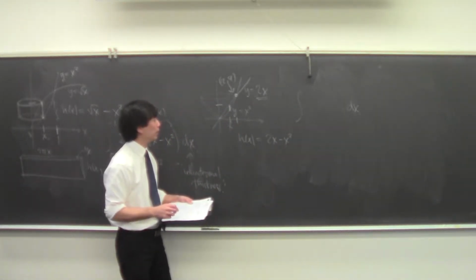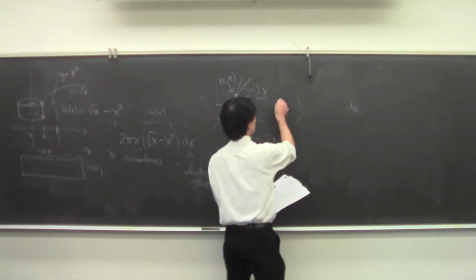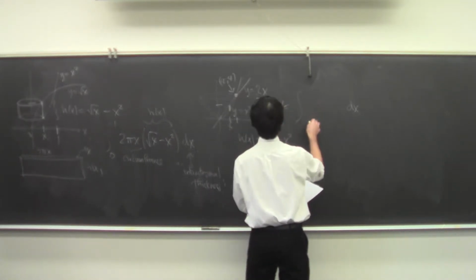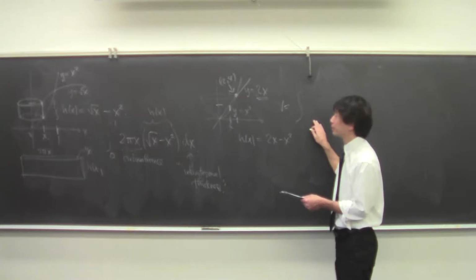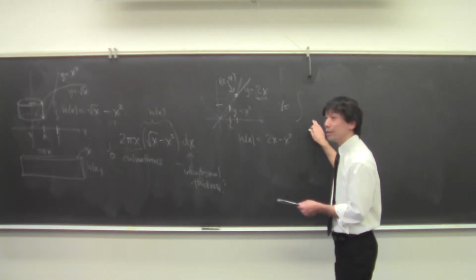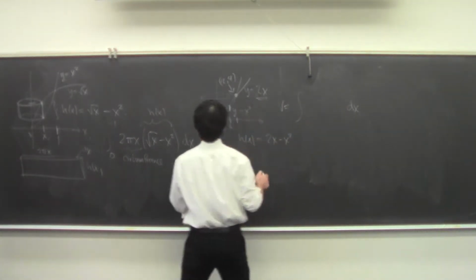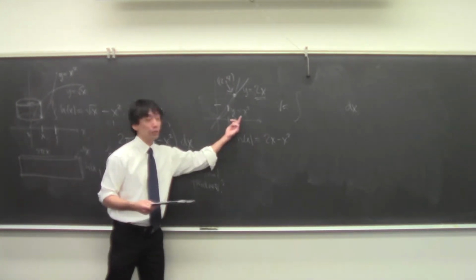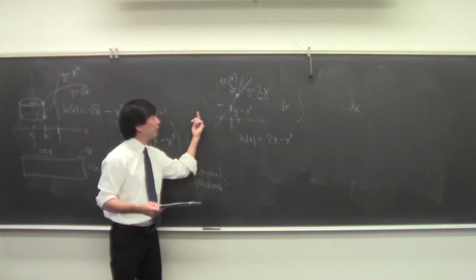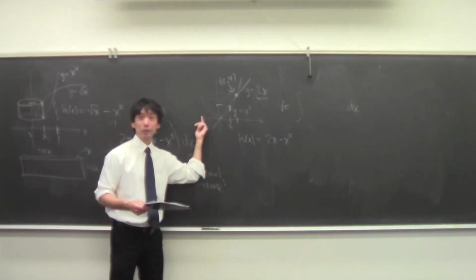Okay. So the volume is going to be the integral from what to what? From -2 to 2. Actually it's not from -2 to 2, but from 0 to 2. If I took from -2 to 2, what would I get? You wouldn't get 0, actually.